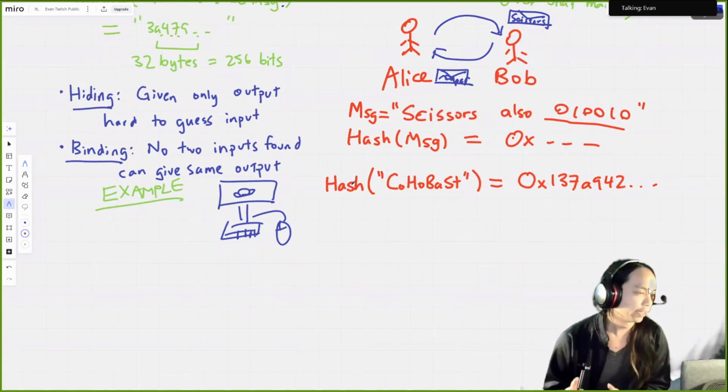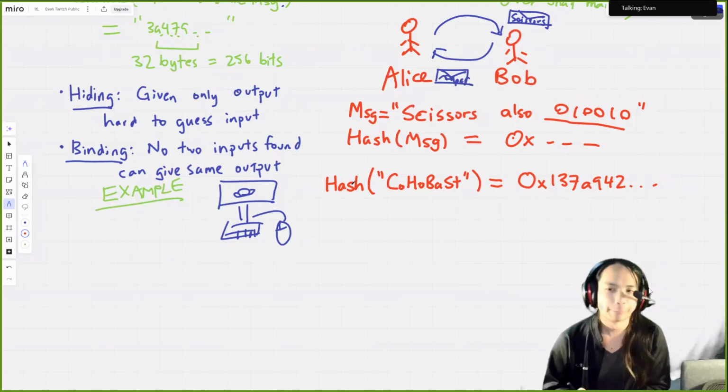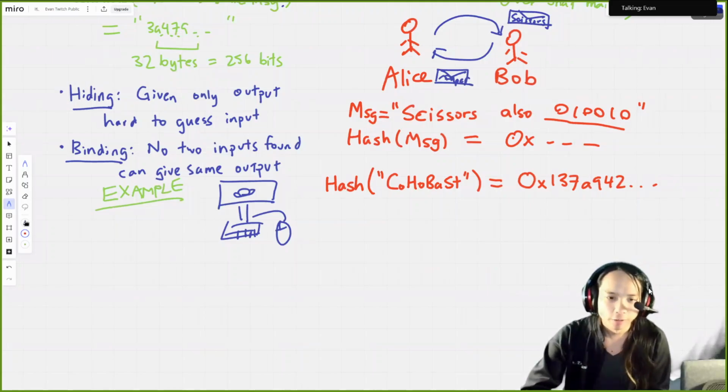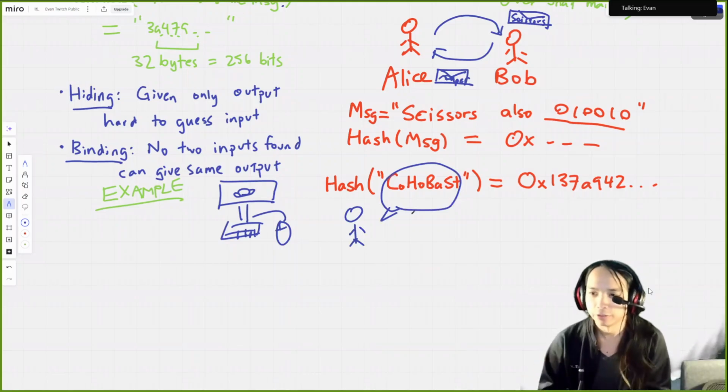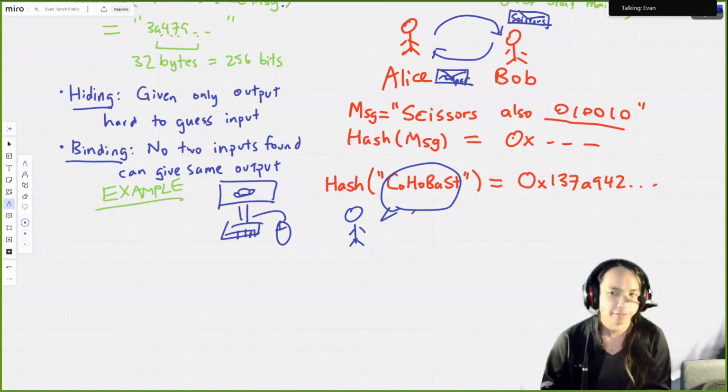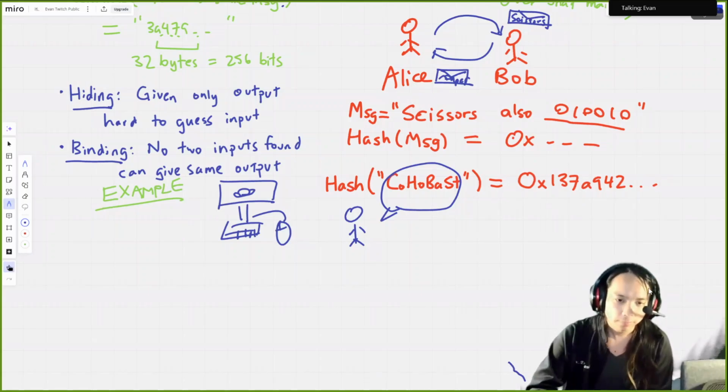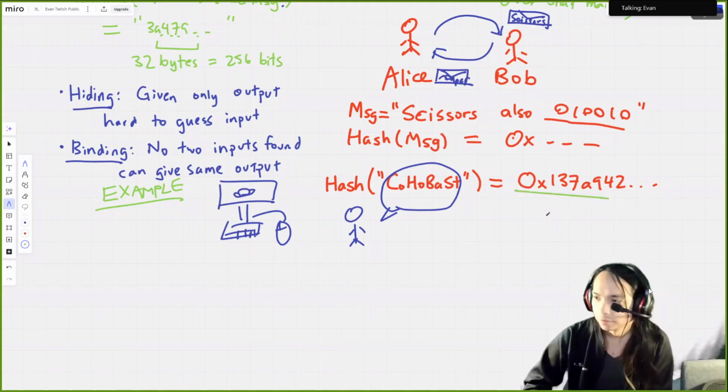If you only see a hash of the password, then it doesn't tell you anything about what the original password is. And then when a user wants to authenticate, in order to prove that they are who they are, they tell the server, this is my password. The server computes the hash and verifies that it matches the hash that's in the database. And that's how you can do user authentication. So store only this in the database.